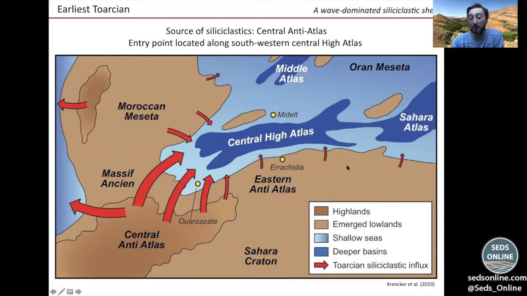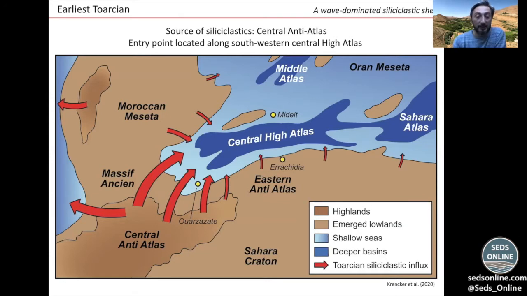Despite the fact that it was humid, there was no mountain, so no material that could be provided. But the central Anti-Atlas was actually uplifted at that time, and so probably a lot of material was coming in from this part and filling the sediments. And then throughout the Toarcian, we can see this wave of siliciclastic material entering and filling up the deposits towards the northeast.